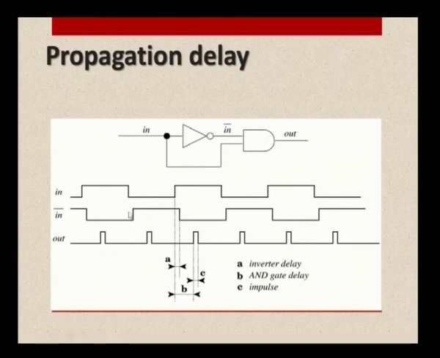Look at this typical diagram in which the input is given here. This input is fed to the second input and the inverted value is given to the first input. That is why it is marked in bar. Here the output is not happening at the expected region.